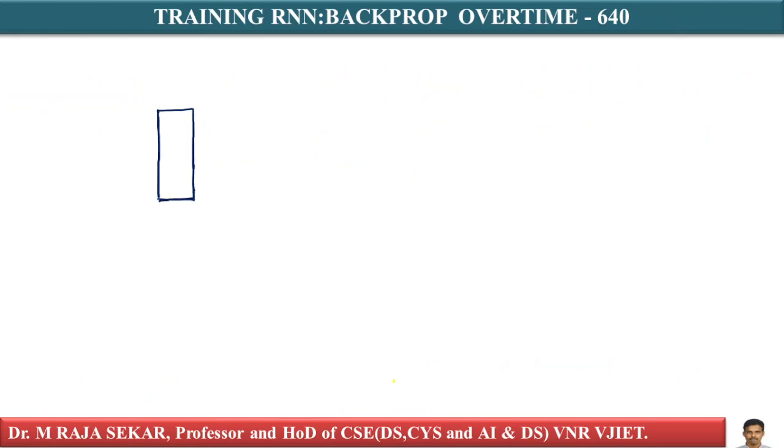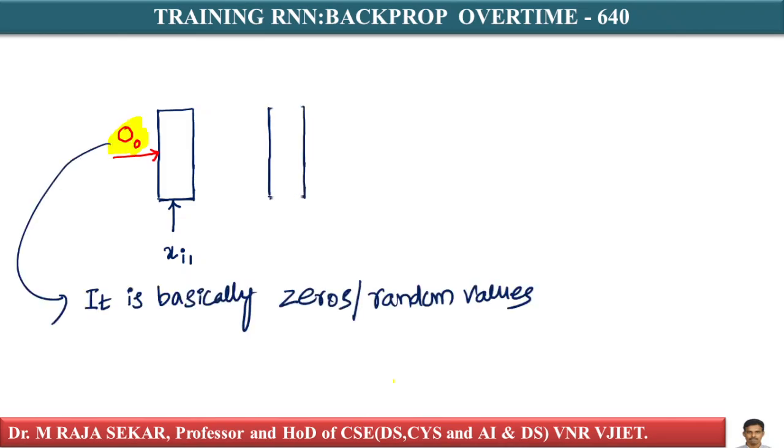You have your xi1 here. Of course, the input to this is O0, which is basically zeros or random values. I have my O1 here, and I have my xi2 here, and all these are my f functions.